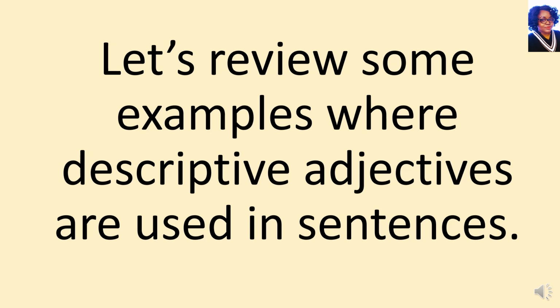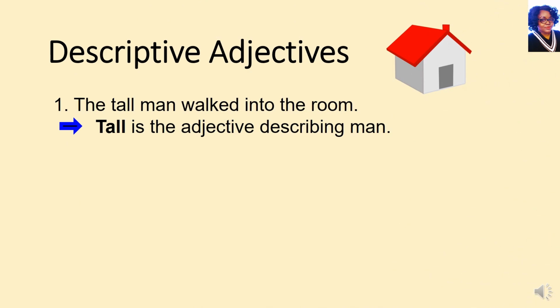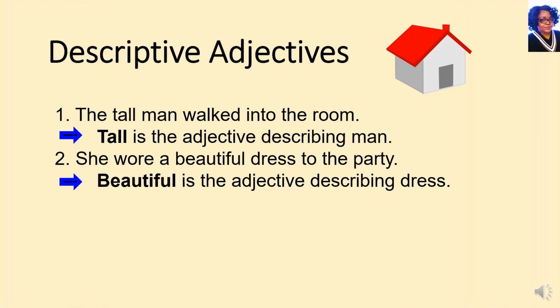Let's review some examples where descriptive adjectives are used in sentences. Descriptive adjectives. Number 1, the tall man walked into the room. Tall is the adjective describing man. Number 2, she wore a beautiful dress to the party.